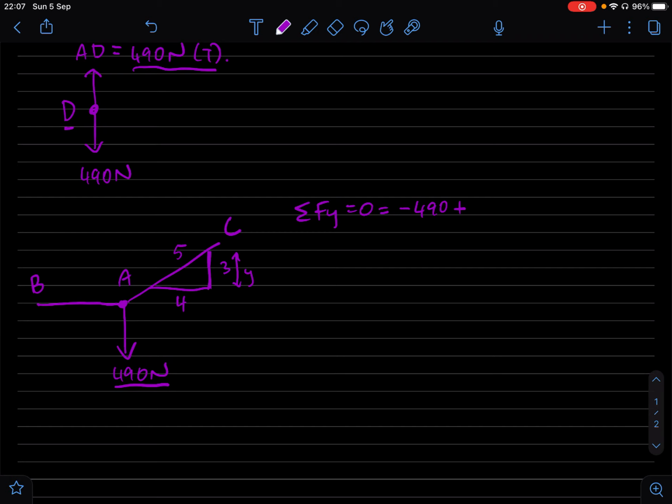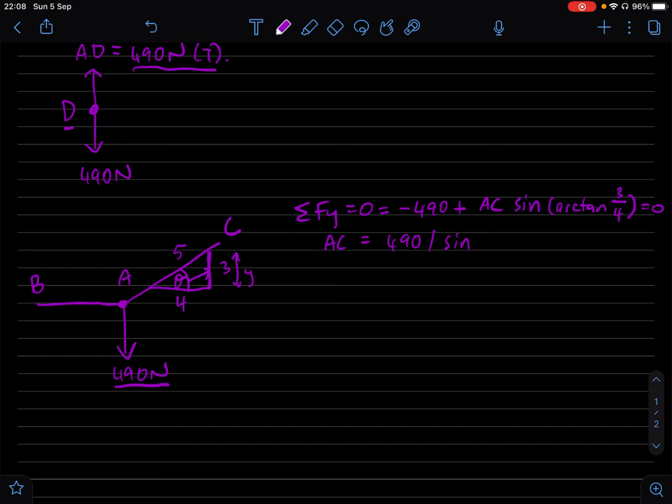So the hypotenuse of that triangle will be AC, and we don't know the angle, but we want to know its relationship to the sine of that y component. So sine, and we don't know the angle, so we'll just calculate it. That's going to be arc tan, opposite over adjacent, so the opposite is 3 over the adjacent, which is 4, equals 0.